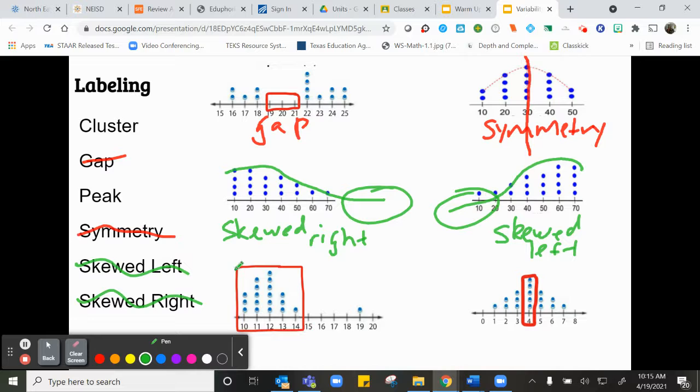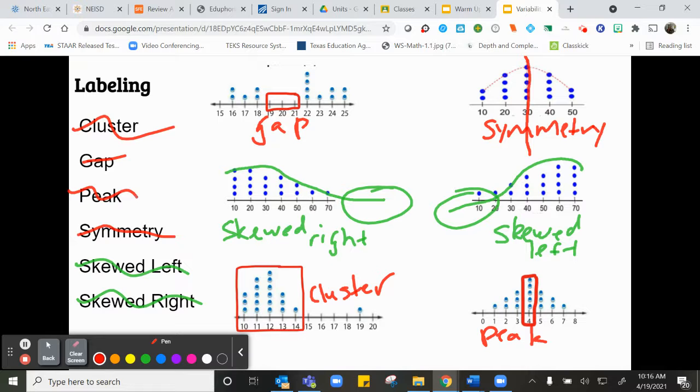All right, the next one, I see the highlighted box. All this data is grouped together. This is an example of a cluster. And the last one I see highlighted is the number 4. If I look, this one has the most dots, therefore 4 is the peak, or we would also say the mode.